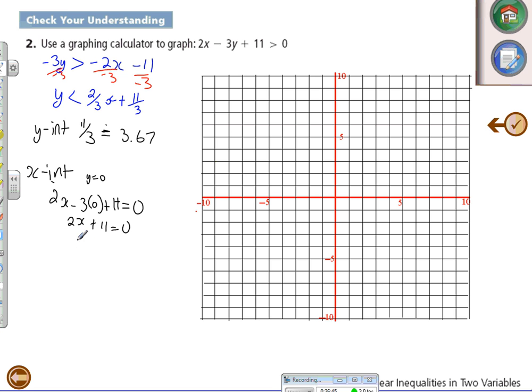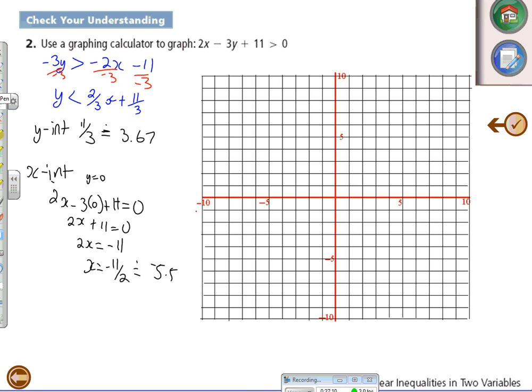So 2x is equal to negative 11. Divide by the 2. X is equal to negative 11/2. Which gives us, as an approximate decimal, negative 5.5.